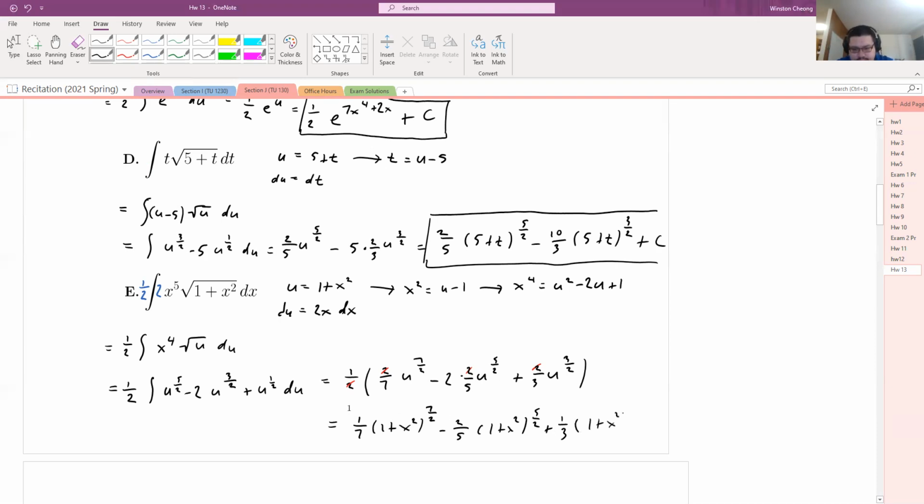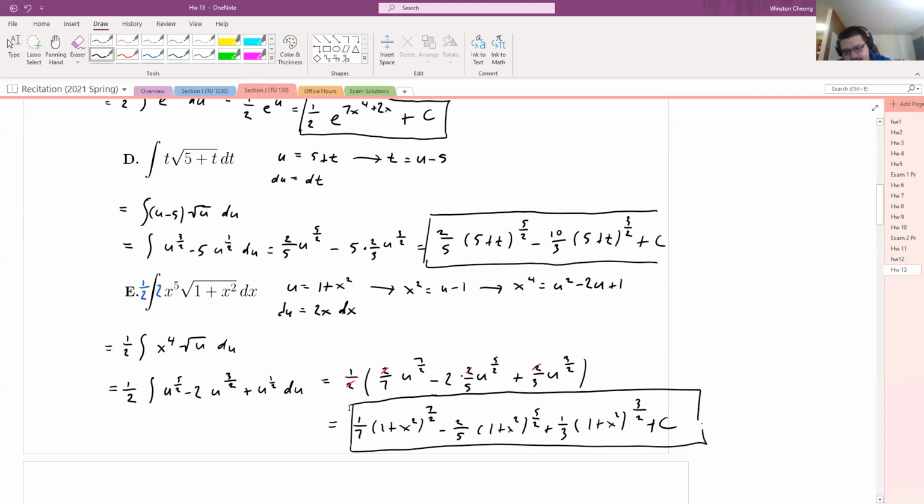Plus x squared to the 3 halves, and then plus c at the end. Okay. Right. Okay. Any questions? No?